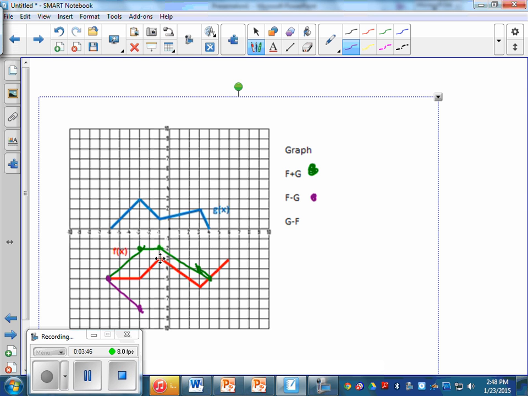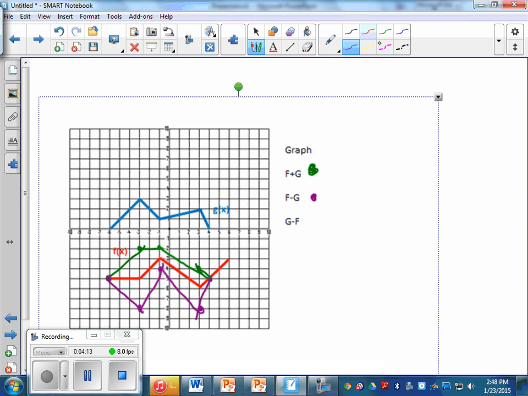And then at negative 1, it'd be negative 3 minus 1, which would be negative 4. And then it's going to be negative 6 minus 2, which is negative 8. And then it's going to be negative 5 minus 0, which is negative 5. And that's f minus g.